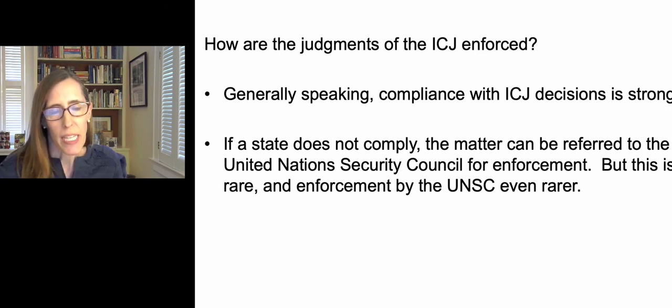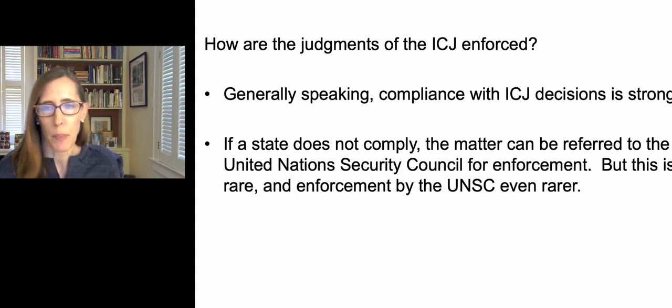So generally speaking, that's not so much of a problem. Compliance with ICJ's decisions has generally been quite strong. Studies have been done of the end results of these decisions, and they generally find that states voluntarily comply with them. But if a state does not comply, there is a mechanism for forcing compliance. That is, it can be referred to the UN Security Council for enforcement.